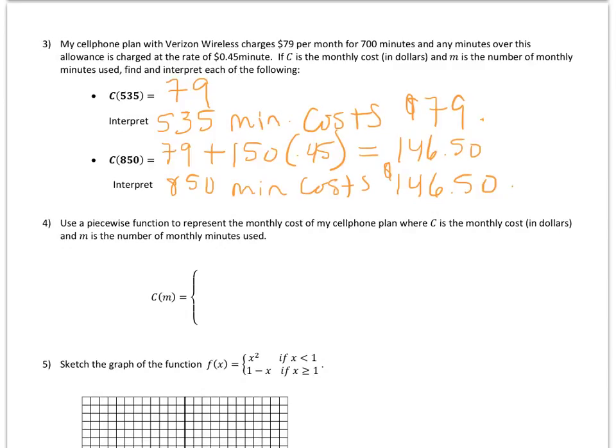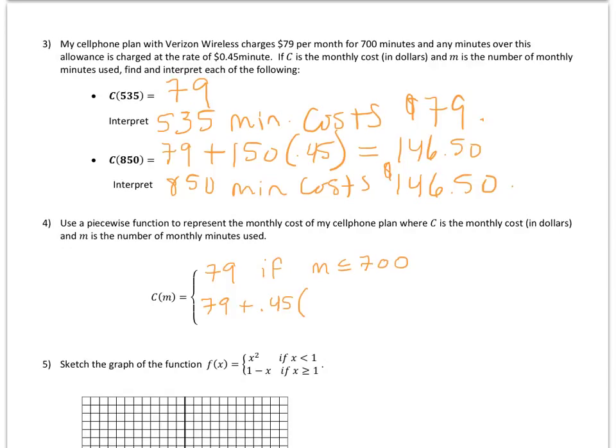So the first one is the easy one. If you talk for less than 700 minutes, your cost is $79. There's no calculation at all. So my C of M is 79 if M is less than or equal to 700 minutes. But if I talk for more than 700 minutes, I have to pay the $79 plus 45 cents for each minute that I go over 700.